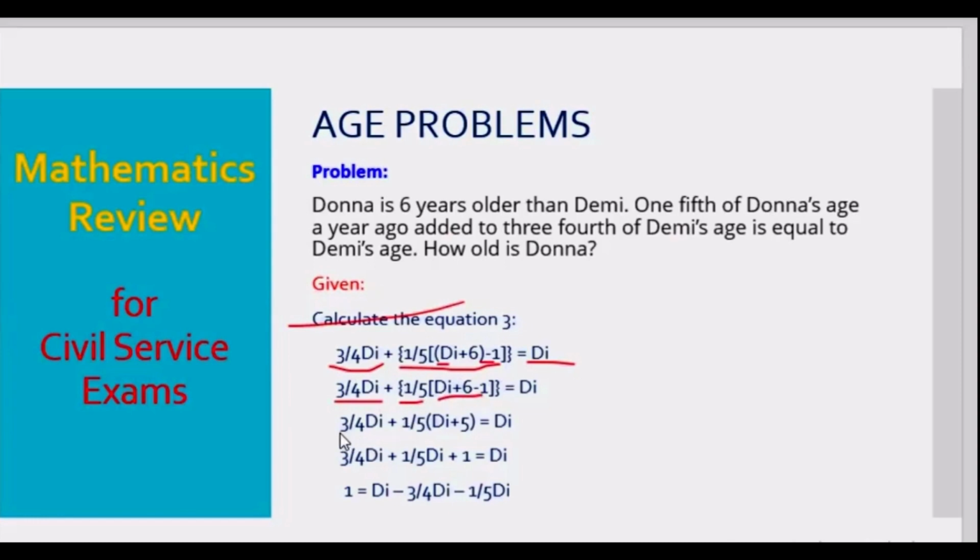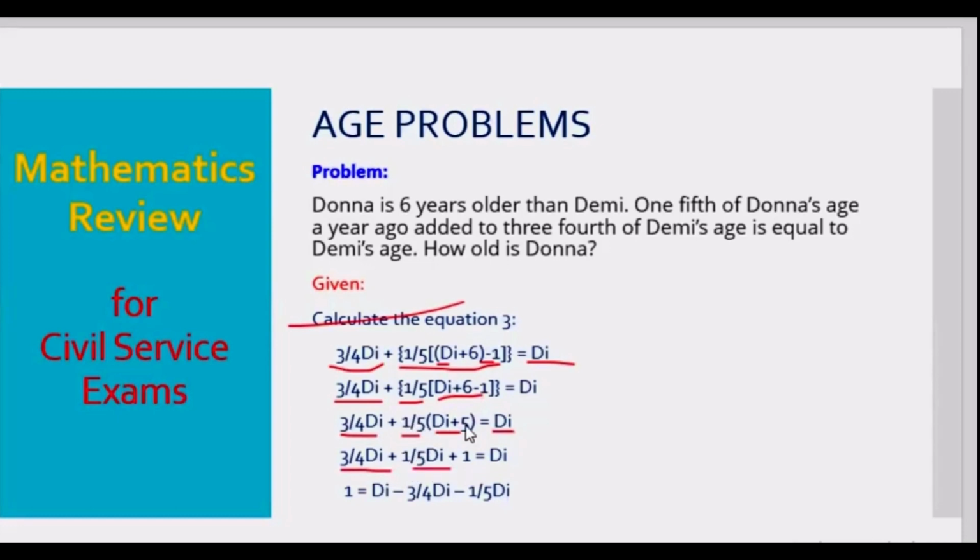Again, rewriting the 3/4 D. I also removed the bracket, so it becomes 1/5 of D. This 6 minus 1 becomes D plus 5, equals D. So 3/4 of D, then I multiply 1/5 times D equals 150.